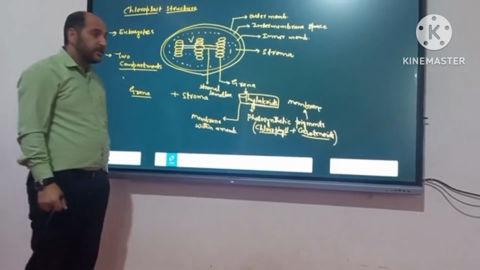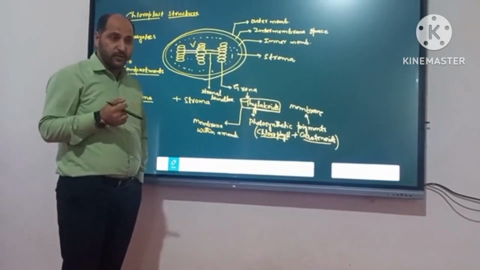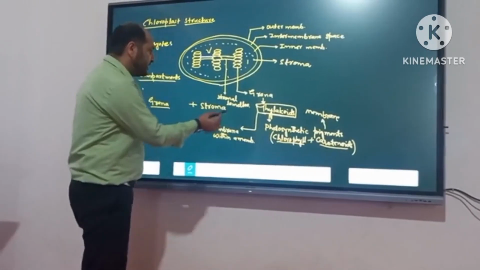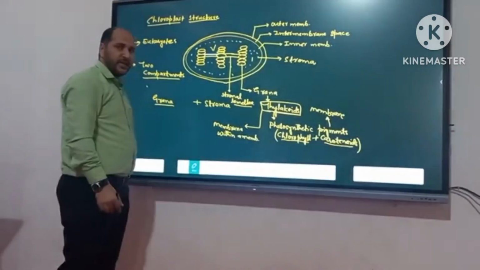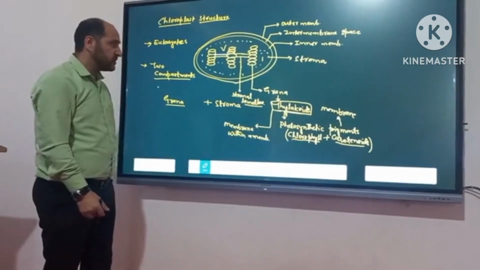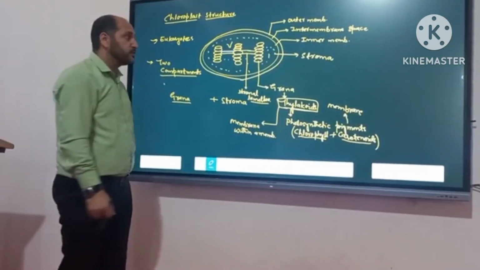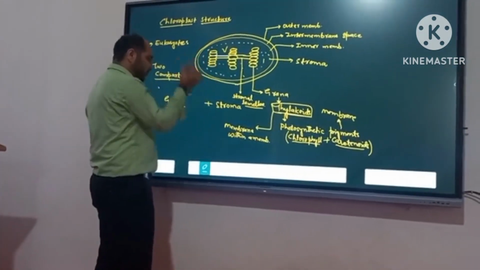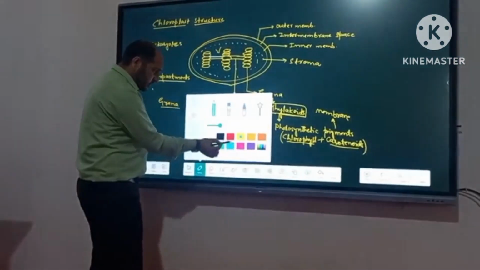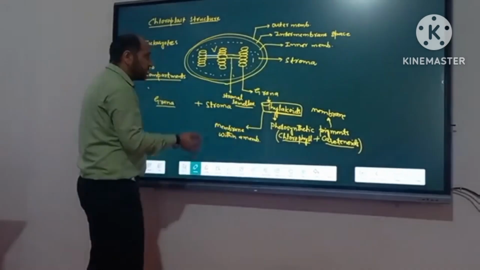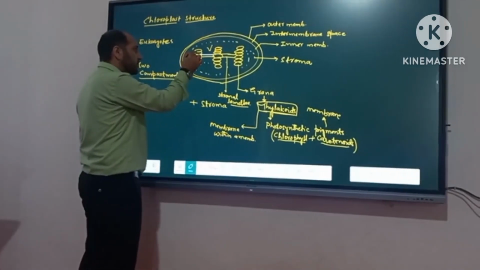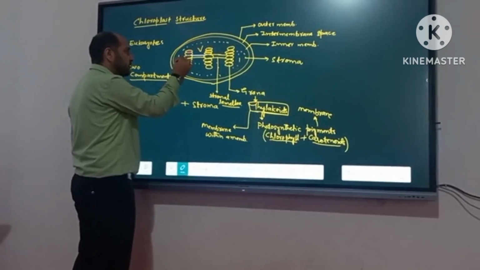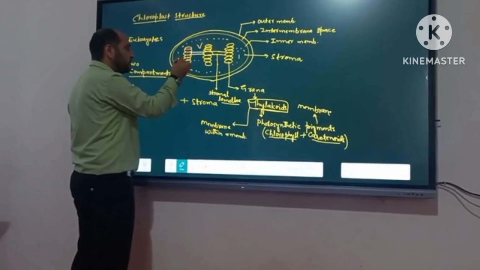In bacteria, these lamellae are present, however the fully functional chloroplast is absent. Only these lamellae are present, which carry out photosynthesis and are extensions of mesosomes. Here I will change the color; the pigment molecules are present within this membrane.